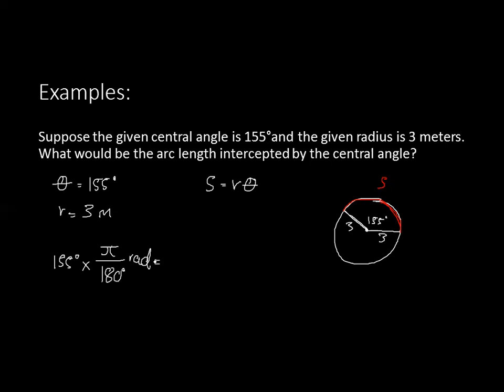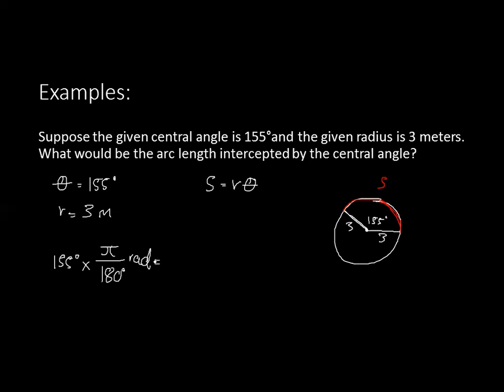All right. So let me take a look. What is their common factor? I think the greatest common factor is 5 actually. All right, 5. So 155 degrees and 180 degrees are both divisible by 5 degrees.